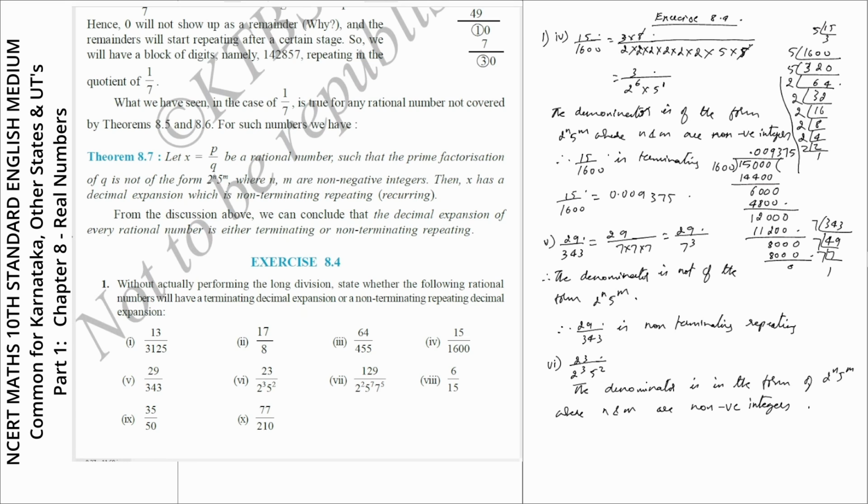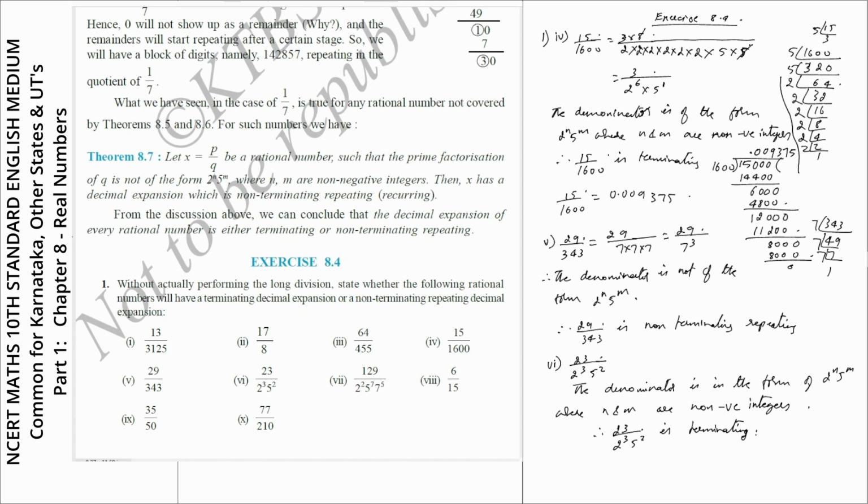Okay, therefore 23 by 2 power of 3 into 5 power of 2 is terminating. That means the decimal expansion is terminating.